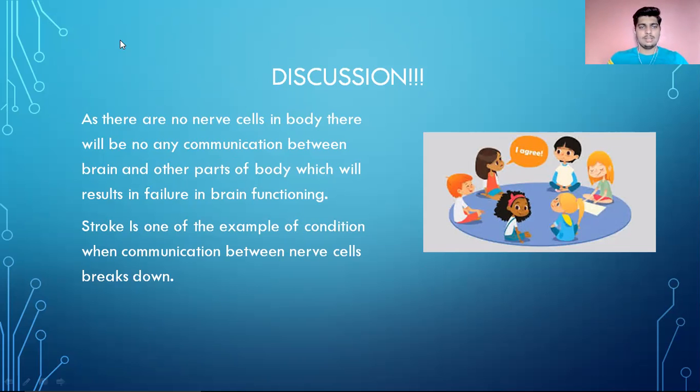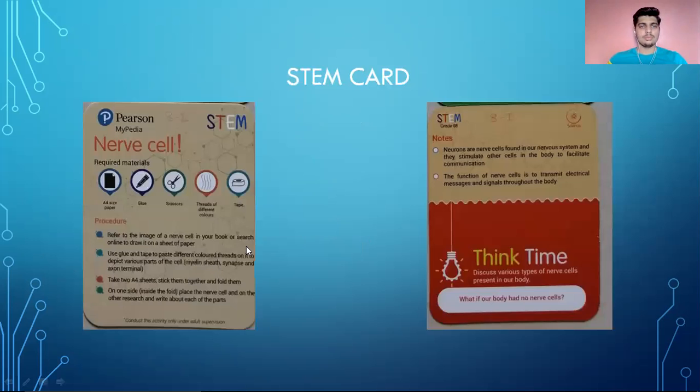It's a vital thing which we are supposed to have with us. Stroke is one example of such a condition, where communication between the nerve cells breaks down. That's why we hear that some person has had a stroke. Stroke is an example of a condition when communication between the nerve cells breaks down.